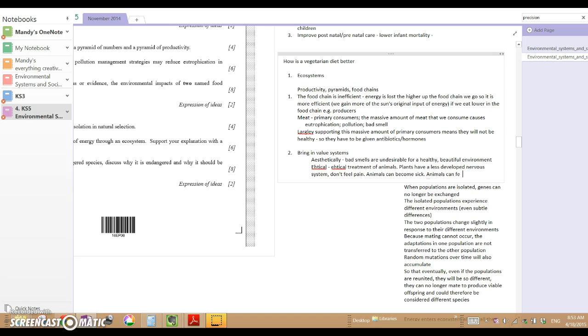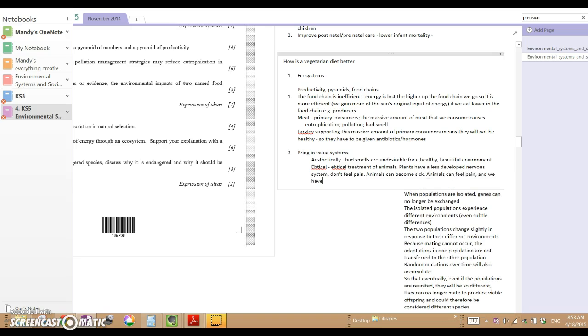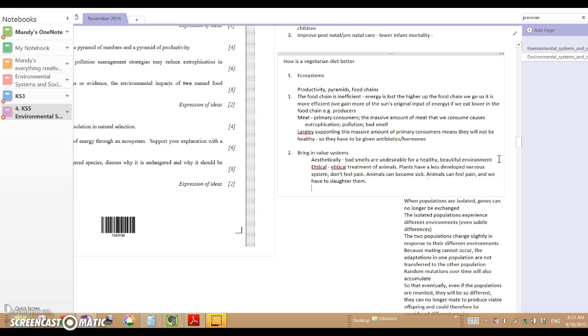Animals can feel pain and we have to slaughter them. Okay, ethical, aesthetic. Animals, so we could talk about intrinsic. So animals have the right to life. So think about organizations like PETA, which is the People's Ethical Treatment for Animals, quite an extreme group for the protection of animal rights.